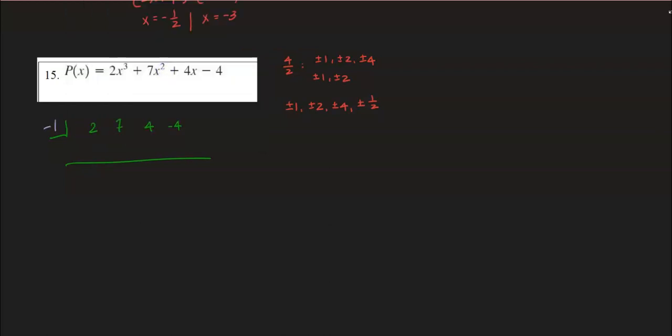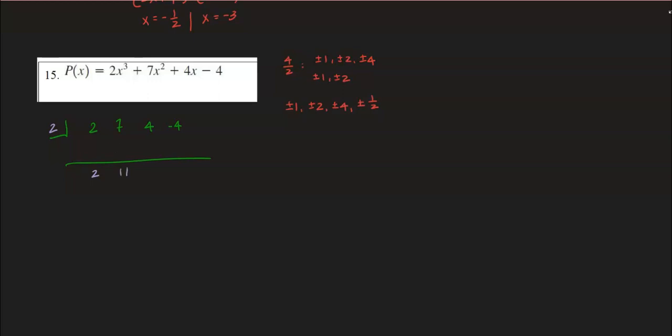Let's try -1. -1, 2, -2, 5, -5, -1. Nope, that's not going to work. Okay, let's try 2. 2, 2, 4, 11.